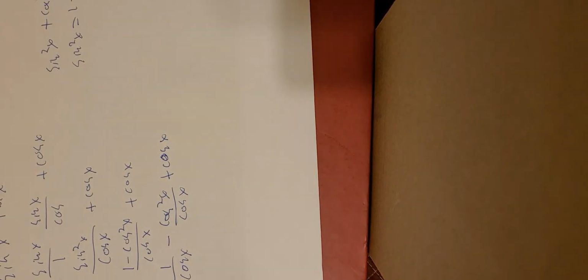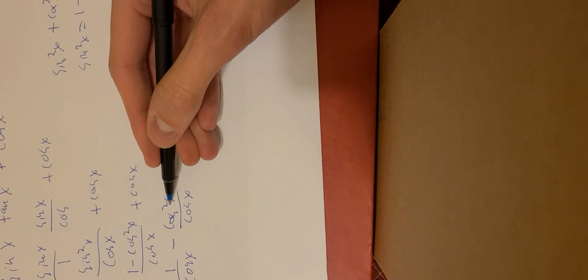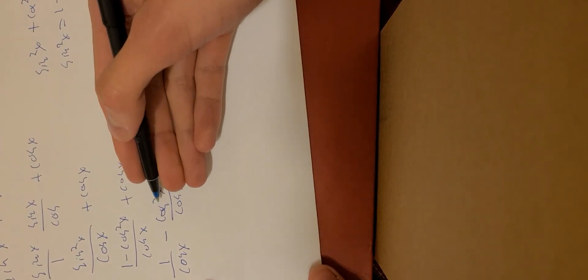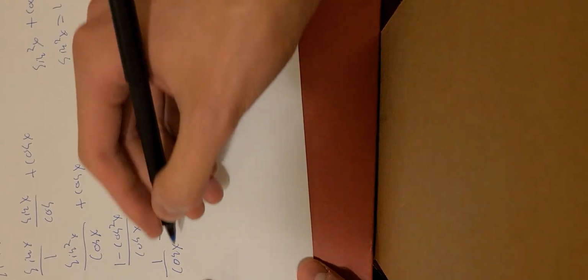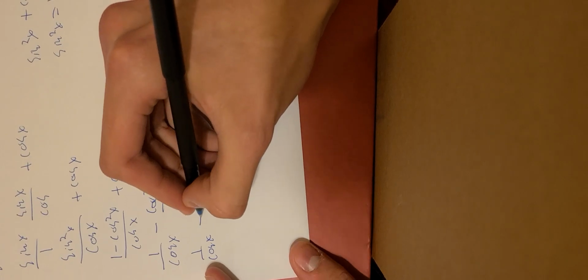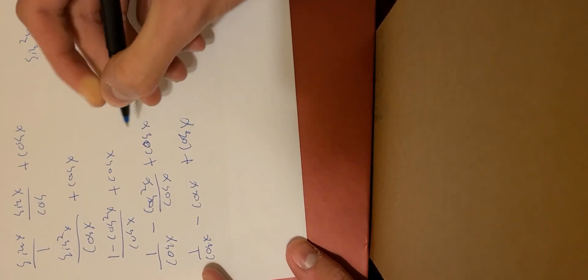This right here can just be simplified into minus cosine x, because it's cosine squared divided by cosine. So you have 1 over cosine x minus cosine x plus cosine x.